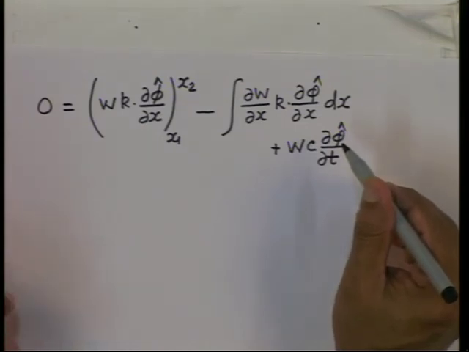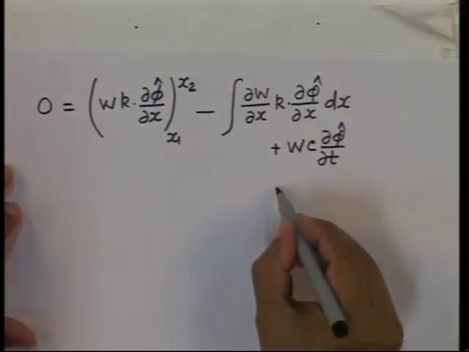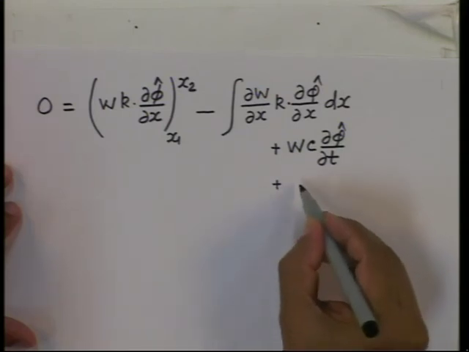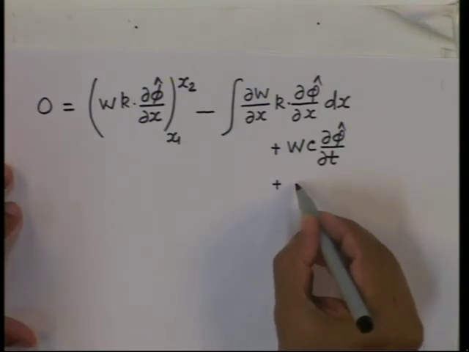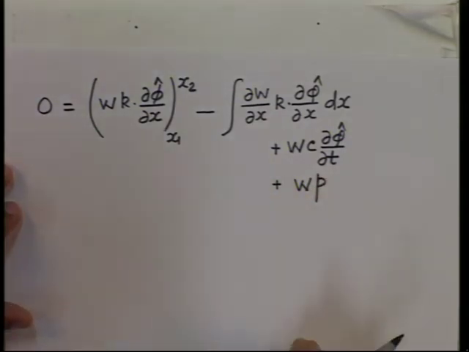Yes, these are the only two. Any other term, what happened to our load term? So that also should be there. So, plus w into p. P is there, na? Yes, p x t is there.